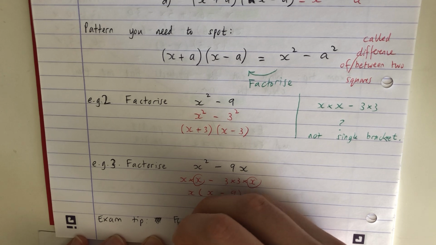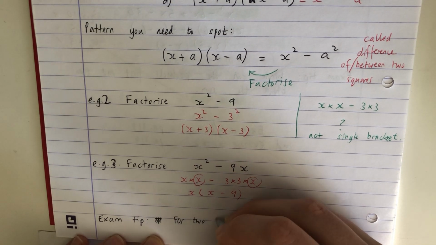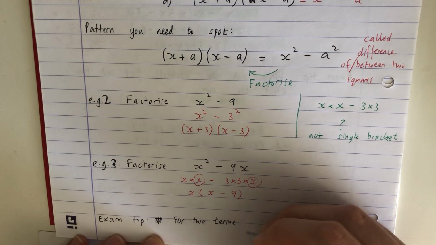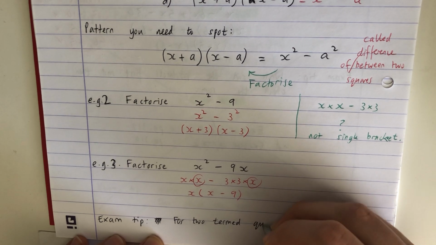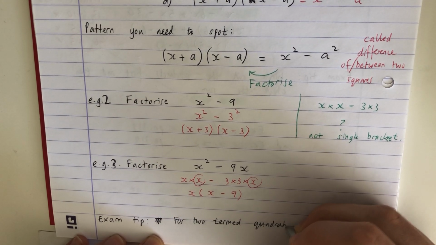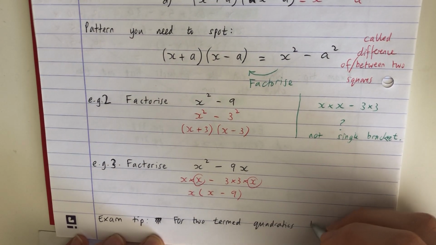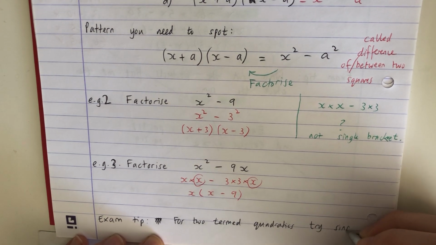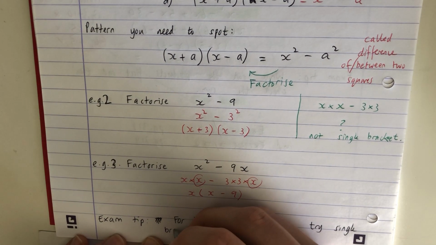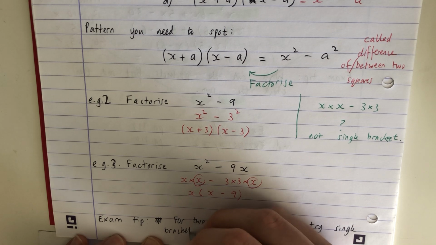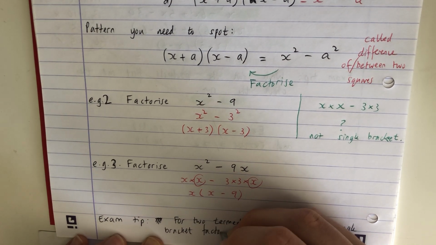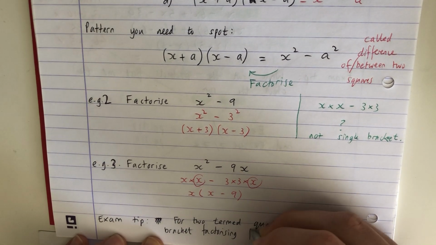So for two-termed quadratics, try single bracket factorising first.